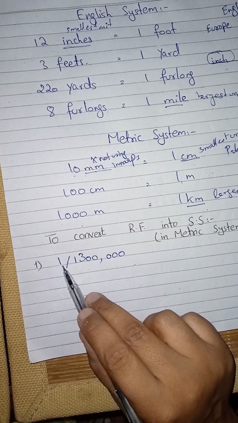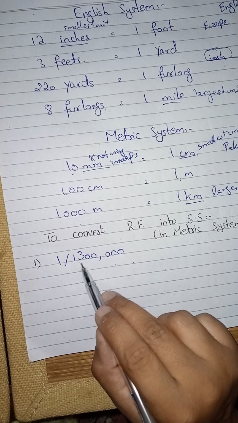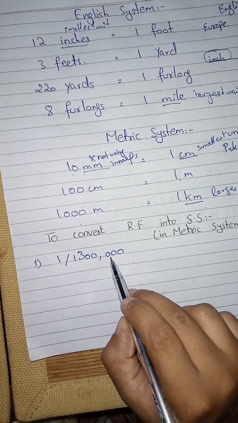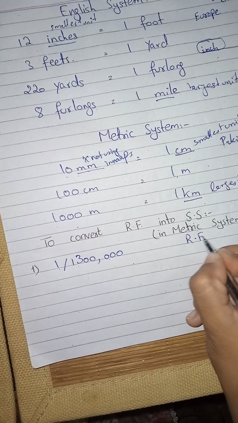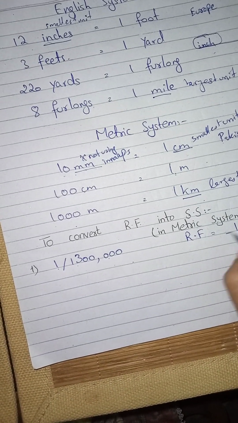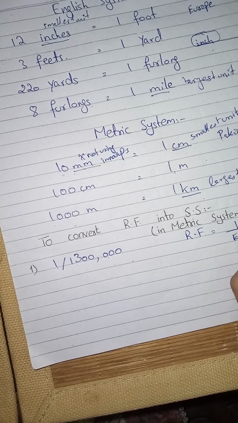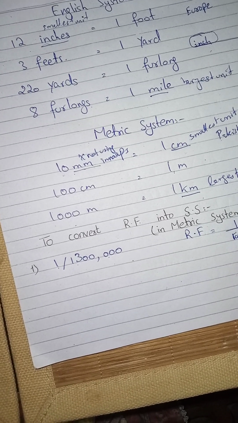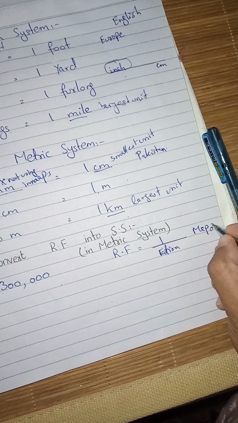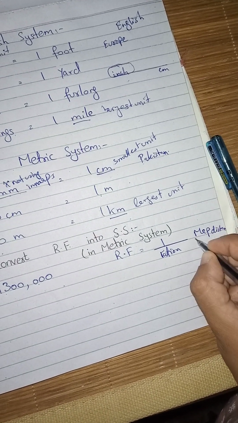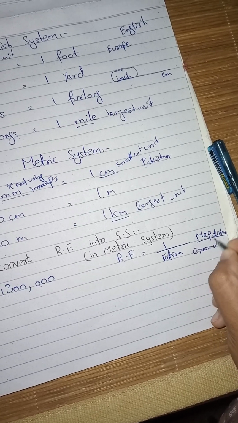In RF we are given 1:1300,000. What RF basically is, is 1 over a ratio of the other; it is map distance over ground distance.